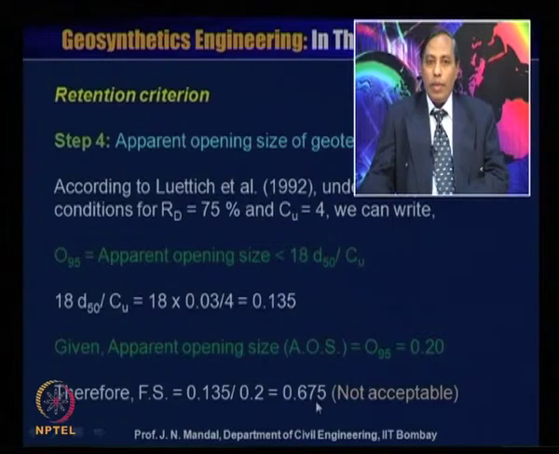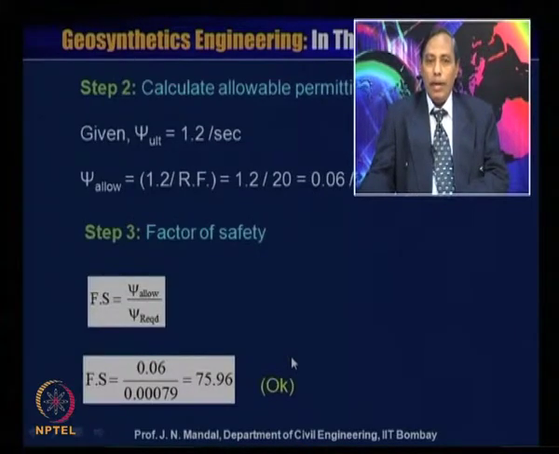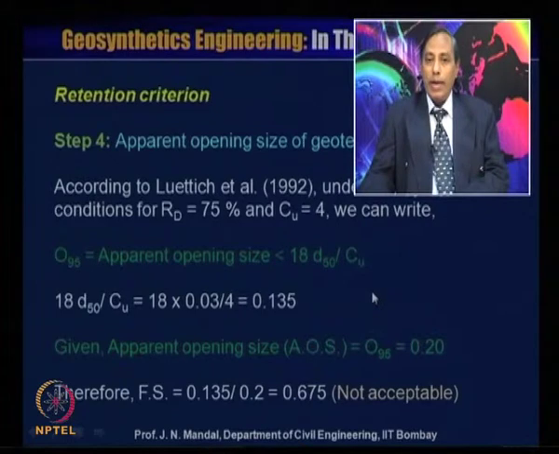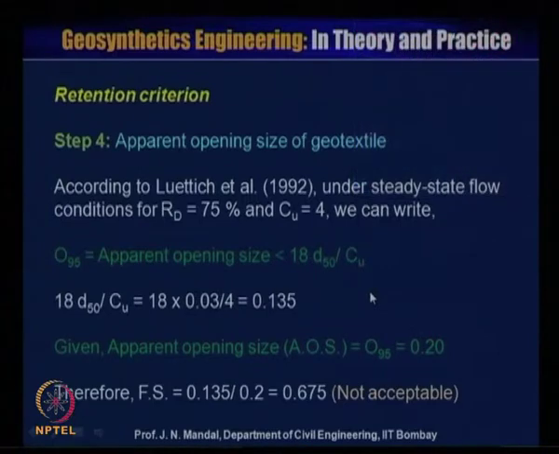So, in terms of the retention criteria, it is not satisfying, because this value is too low. It is only 0.675, therefore it is not acceptable. You can see that the retention criteria is not satisfied, but the flow related criteria is satisfied. So, you have to check what kind of geotextile material should be used. You can take another geotextile material and check what should be its apparent opening size.